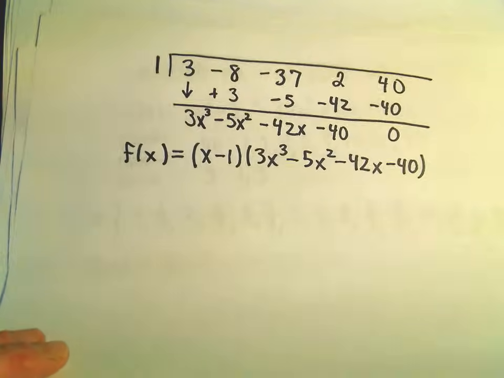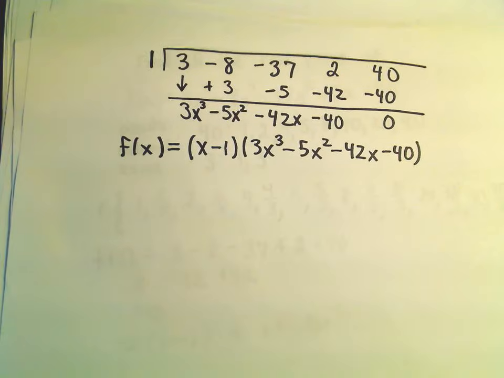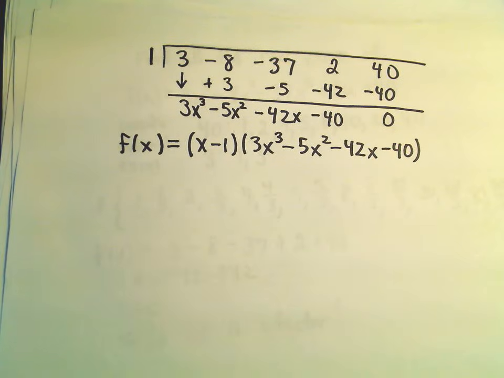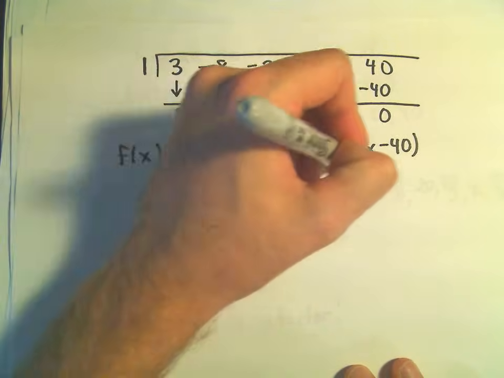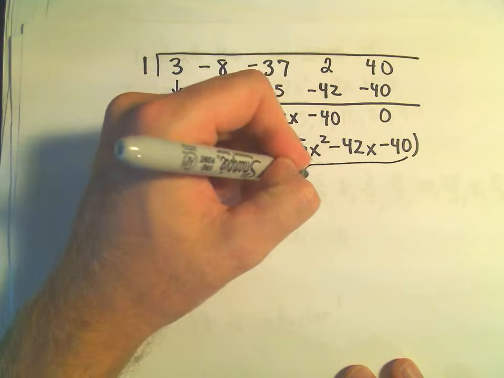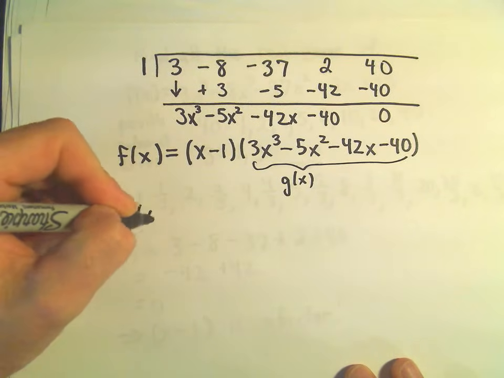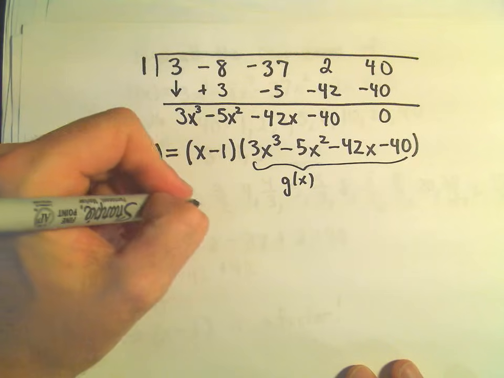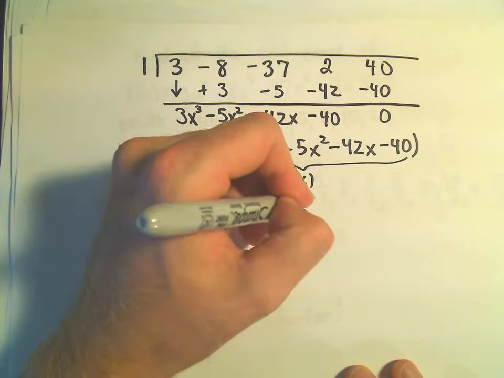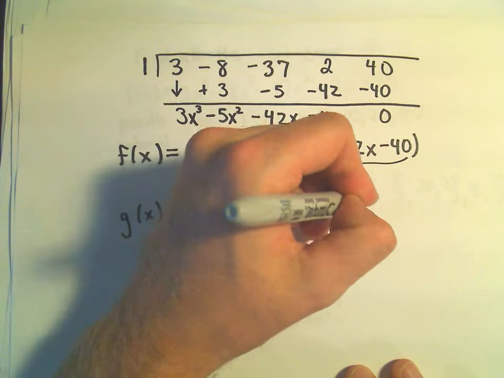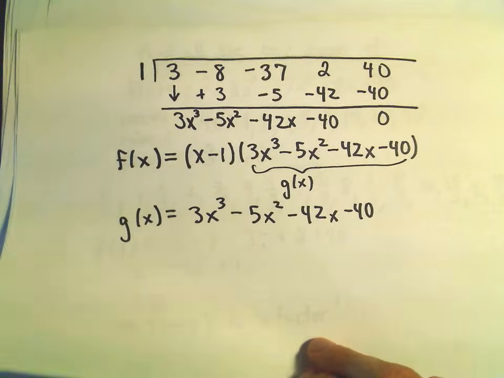We've got all these possible rational zeros, so we just need to find another one that's going to work. Maybe we'll call this function g of x, just because it's something a little different. So g of x is 3x cubed minus 5x squared minus 42x minus 40.